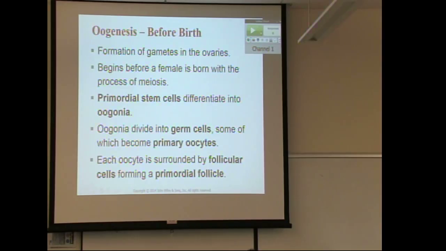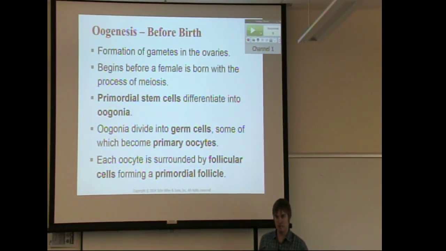All right. So anyways, in order for any reproduction to happen, we better make some eggs. And one interesting thing is that those eggs actually start developing before you're born, even the first few stages. That's stem cells turning into primary oocytes, and they make primordial follicles.